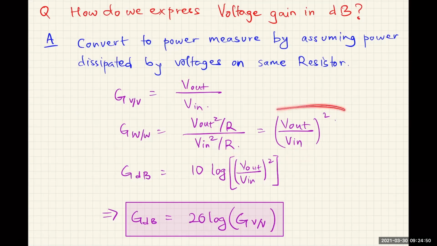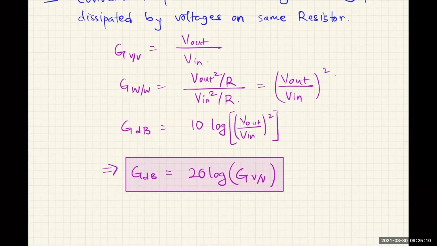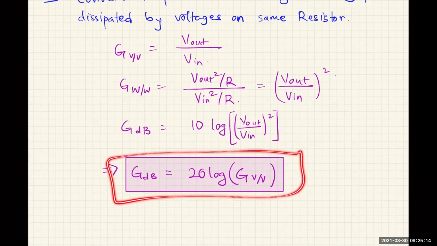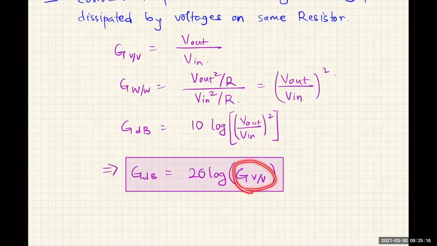Now, this is a ratio of powers, and you can convert that to dB by taking the logarithm and multiplying it by 10. And if you take this 2 out of the logarithm, what you will get is 20 times the log of V out over V in, which is the voltage gain. So this is an expression you can use to convert gain in volts per volts to gain in decibels.